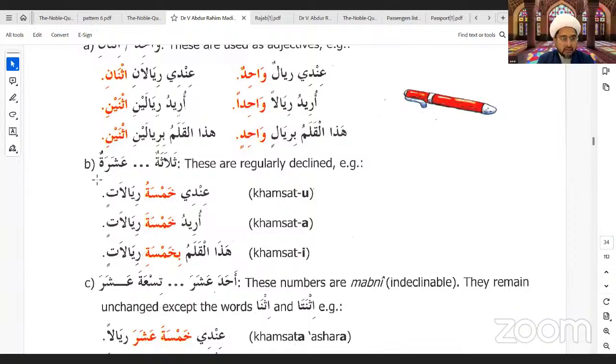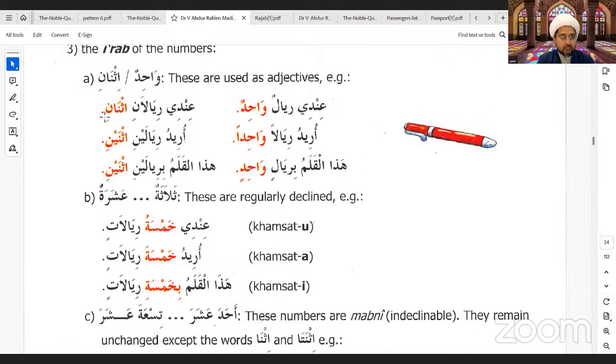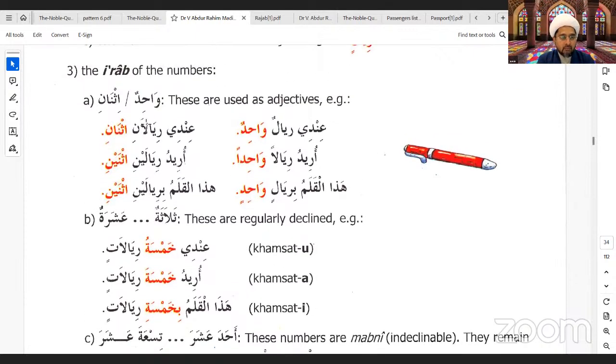So here in this B, in the first one, in number A, the word realani, indi realun wahidun, indi realani ithnani. In this case, the word wahidun is coming as sifa mawsuf for real. A wahidun is a sifa for real. And then in the second case, this is in the case of marfu.